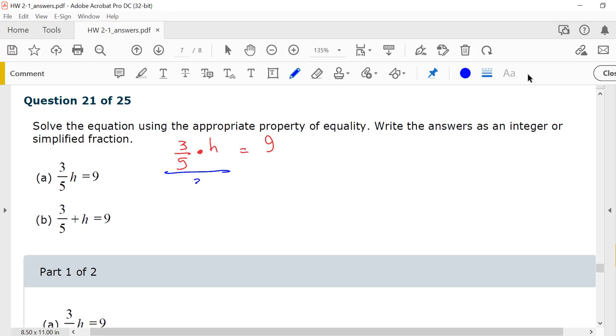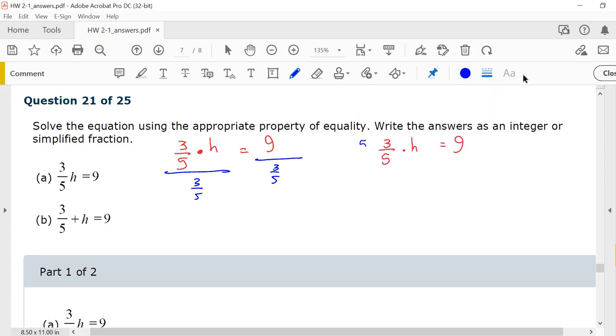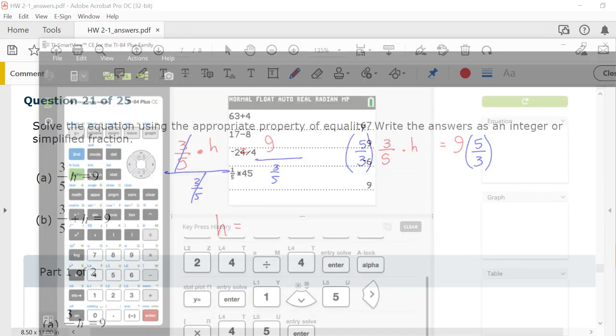So again, I can divide both sides by 3/5, or I could have seen it as multiplying both sides by 5/3. Either way is fine. Okay, if I divide both sides by 3/5, I have h equals.